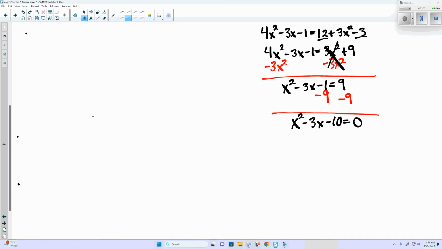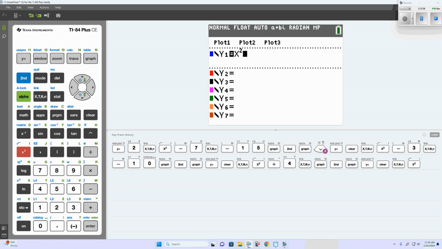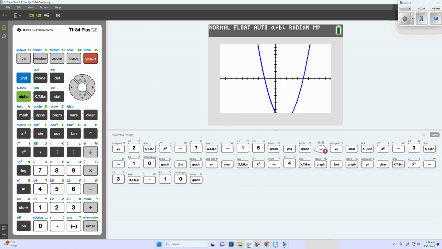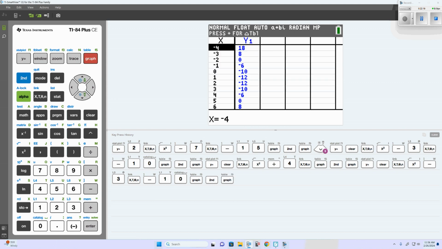Now, here, x squared minus 3x minus 10. If the number in front of x squared, when we're solving these, is 1, I would suggest going on and graphing it. Because again, when we graph it, we're looking for what values of x make the y value be 0.